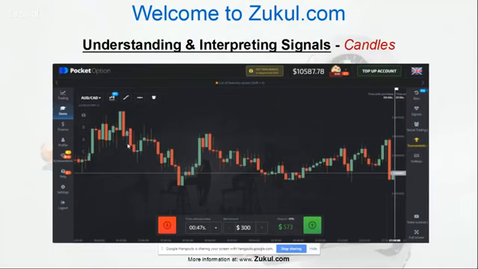But you'll notice that there's wicks either side of this candle, and that basically means that during this time period, the price will have fluctuated between a low at this point and a high at this point. But it finished at this point here. But because the price was higher than where it started, that candle turns green.